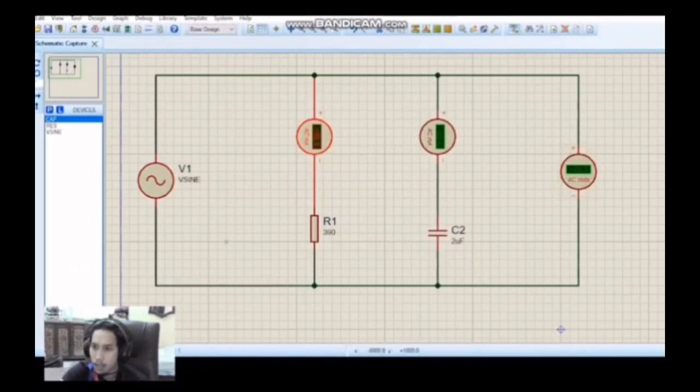Okay, by the way, we also use different values for resistor and capacitor. Okay, now we run. Okay, we get the value.